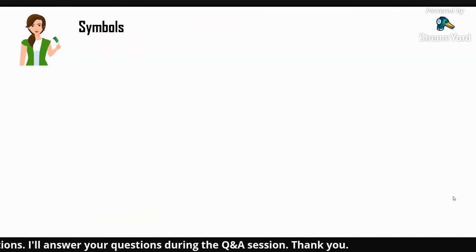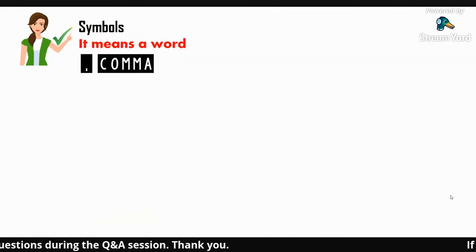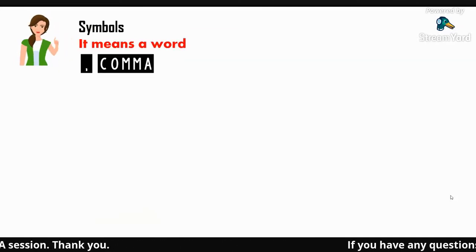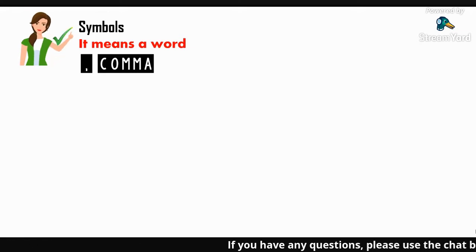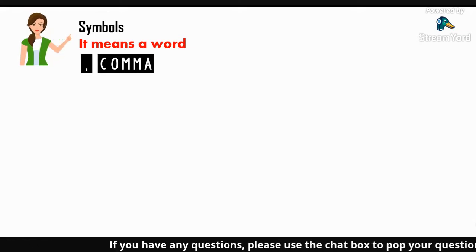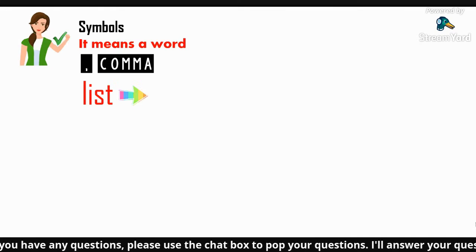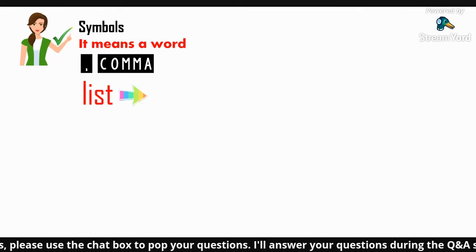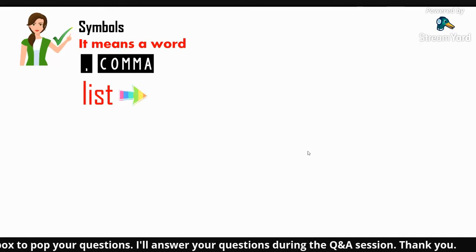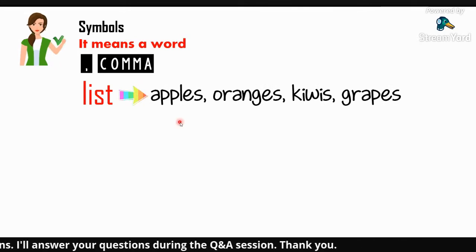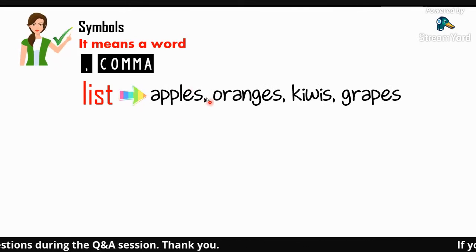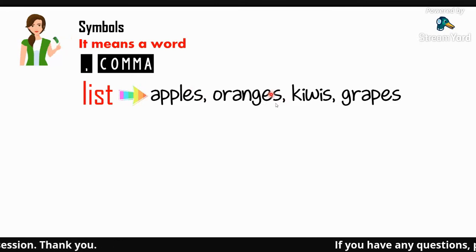The next symbol we'll be looking into is a comma. When you have a list of words, you see the commas over here. Can you see these commas?